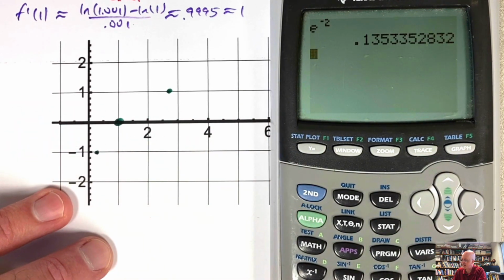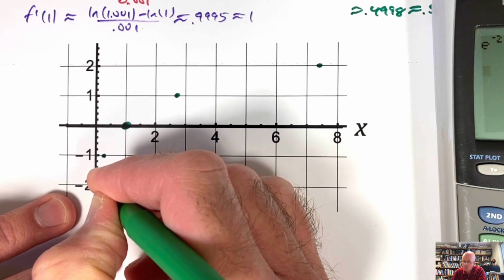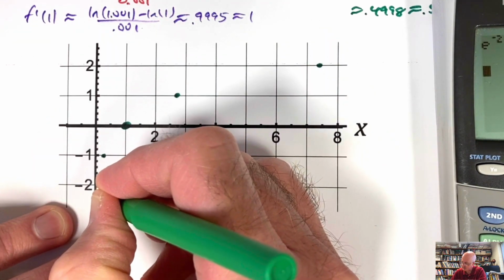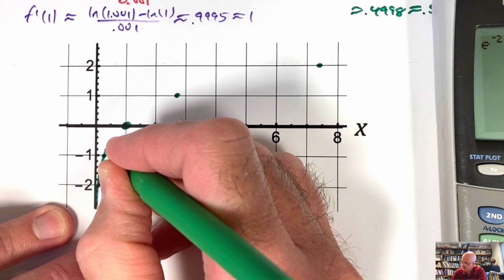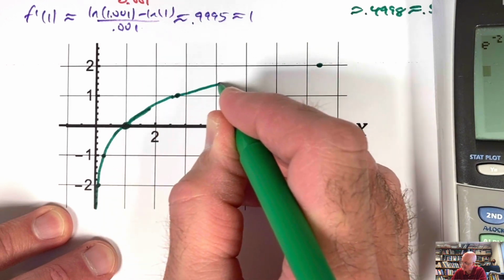When that is the value of x, the output of the ln is negative 2. The y-axis is a vertical asymptote here. The graph approaches it as x approaches 0 from the right. So here is an approximation to the graph of ln of x.